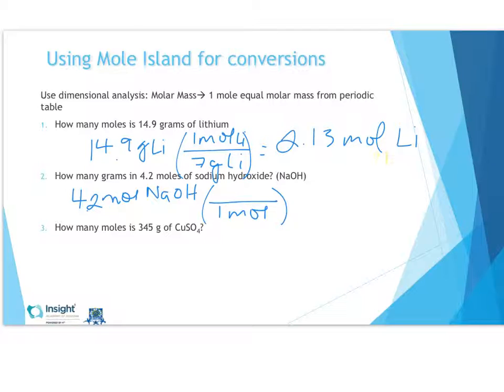And on top, I'm going to have my molar mass of sodium hydroxide, which is... let me look that up really quick. Sodium is 23 plus 16 plus 1, which is 40 grams of NaOH.